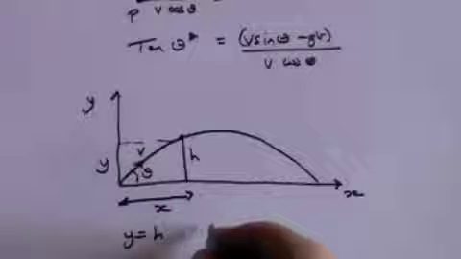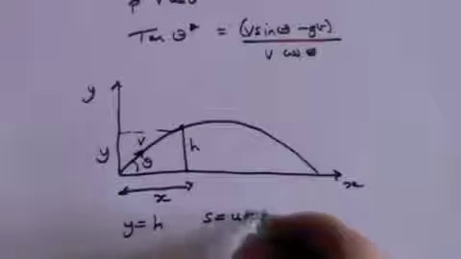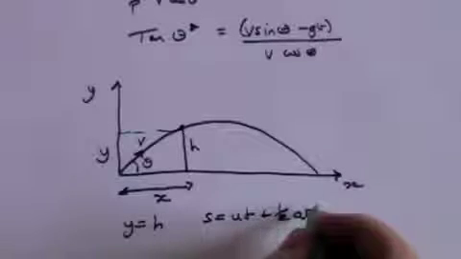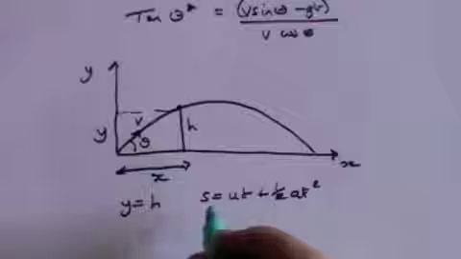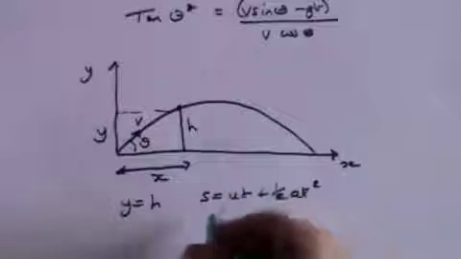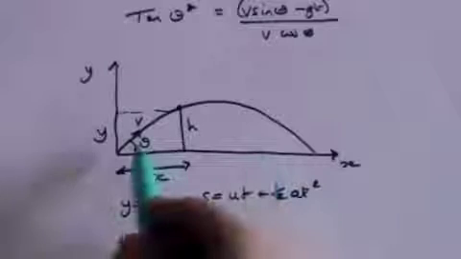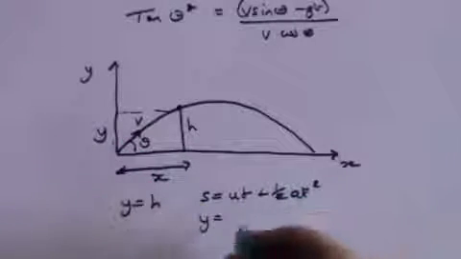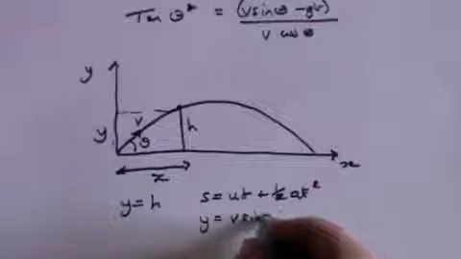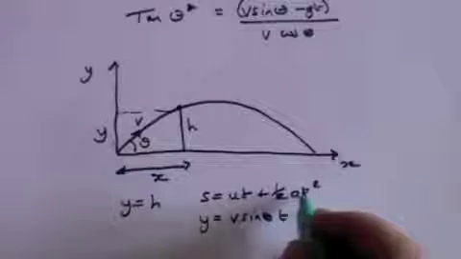Now we're going to use the formula that s is ut plus half at squared, and in the vertical direction, s is the distance that we go up, which is y, is ut. Well, u is going to be the initial component of the vertical velocity, which is v sine theta times t, that's ut, plus half at squared.